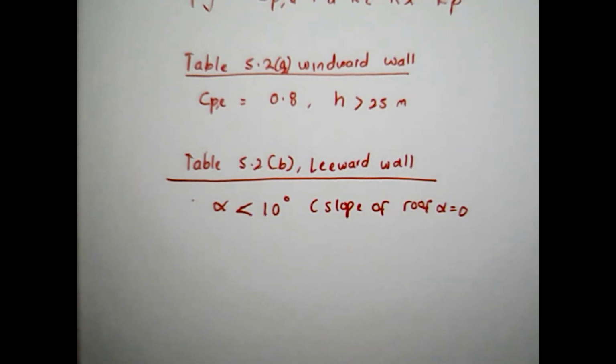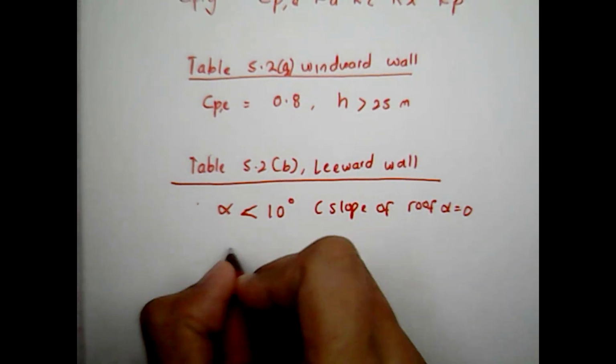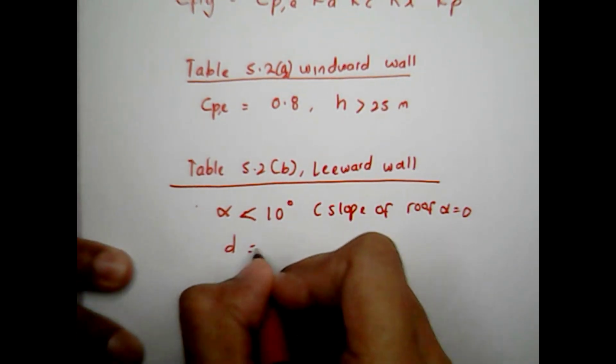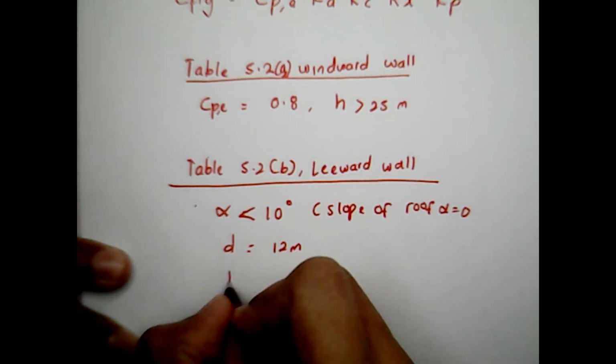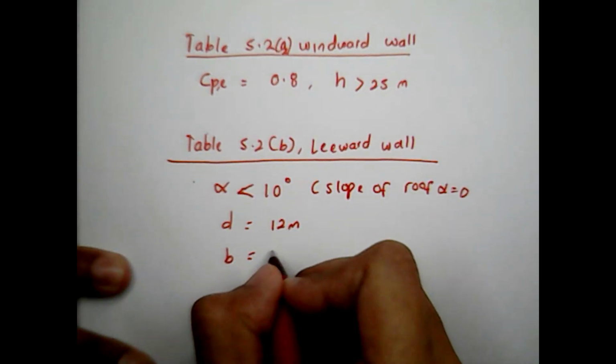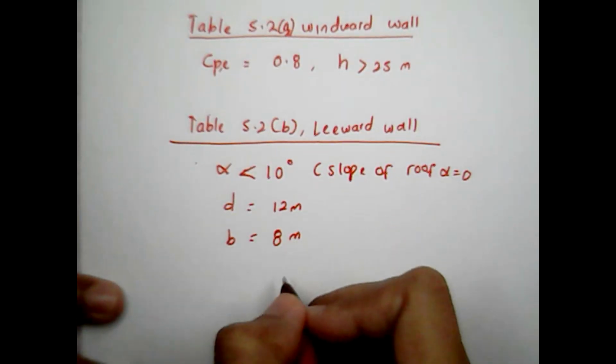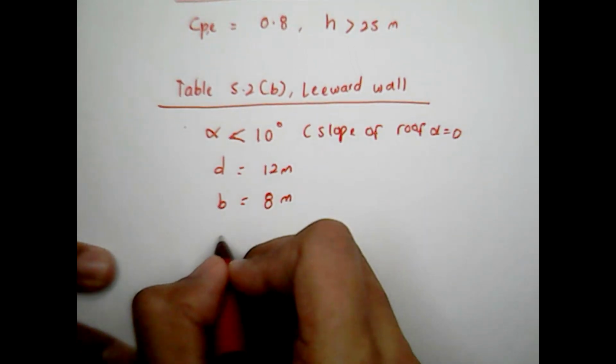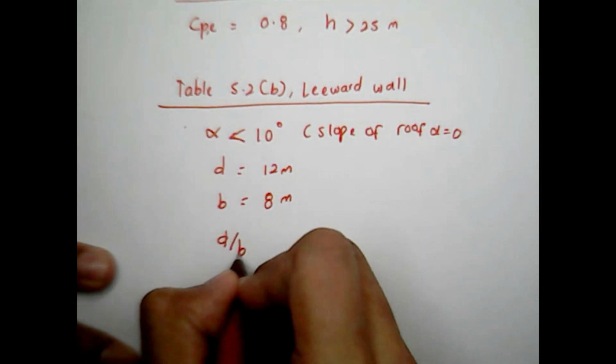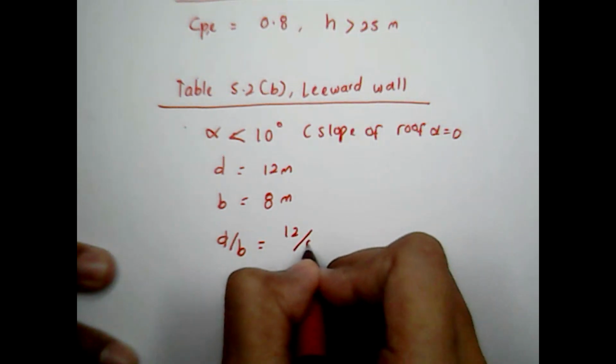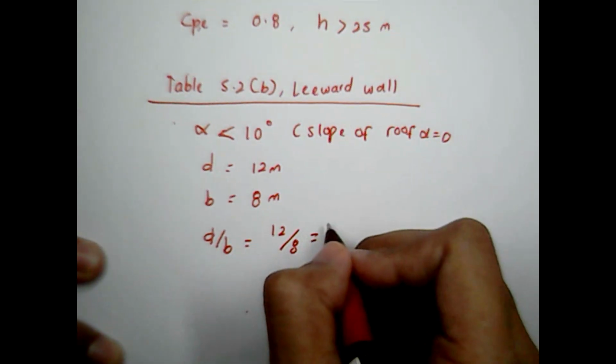Our D is given as 12 meters and B is given as 8 meters.